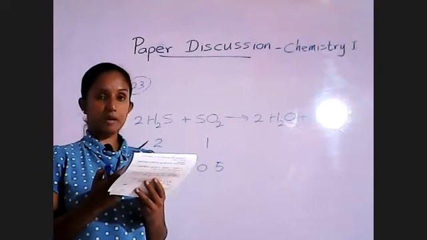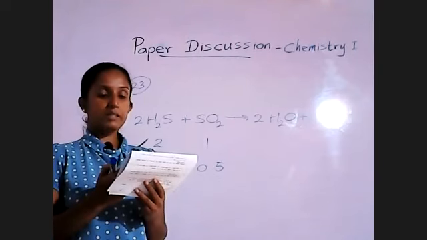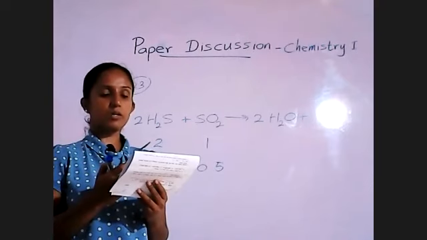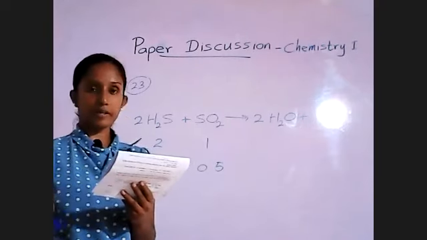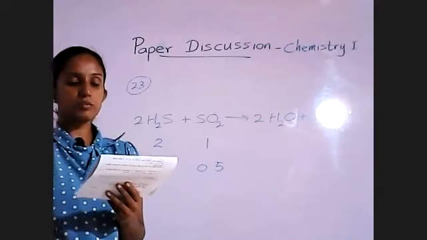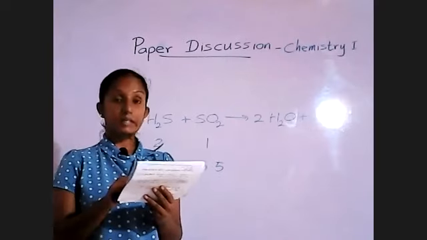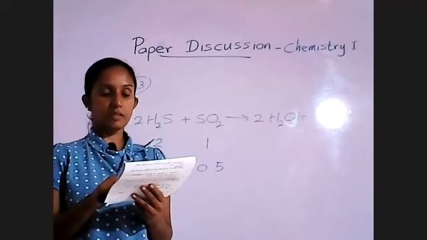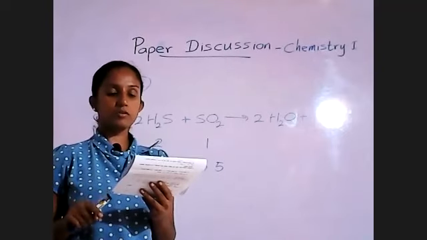Look at the second one, Y. It is combined with three hydrogens and has only one lone pair. Then it should be nitrogen. This is NH3, ammonia. Then look at the third one.